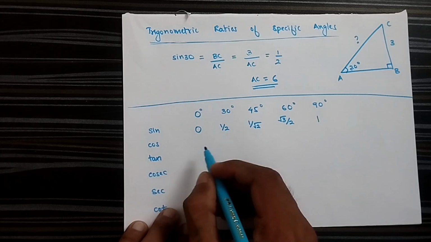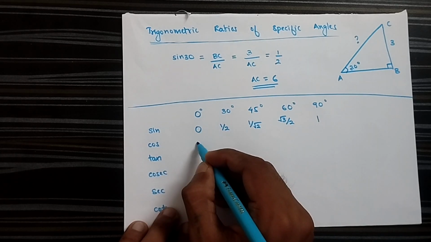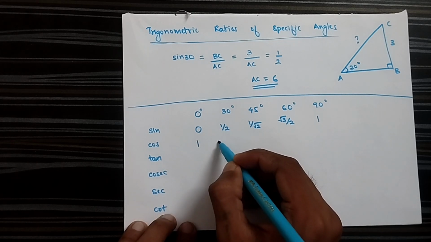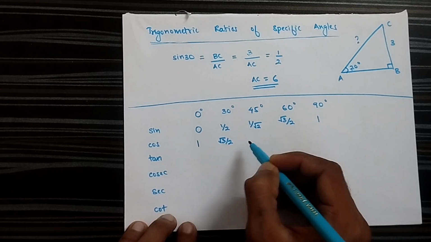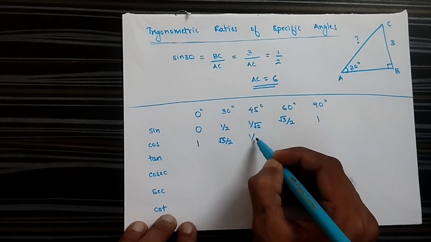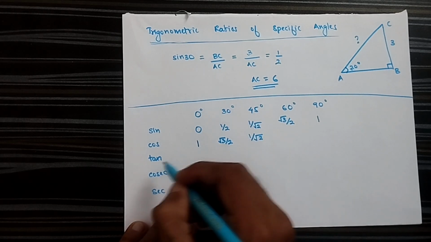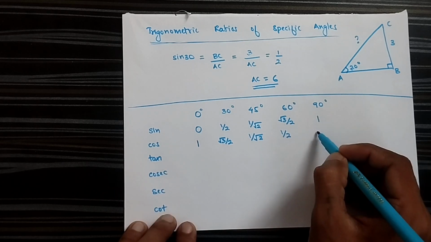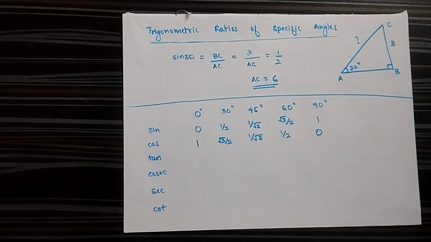Now for cos it's a bit different. Cos 0 is 1. Cos 30 is root 3 by 2. Cos 45 is 1 by root 2. Cos 60 is 1 by 2. Cos 90 is 0. So we can see some similarity in this.